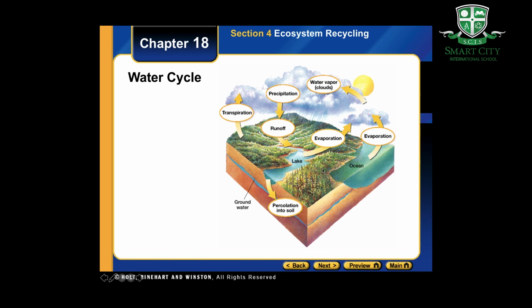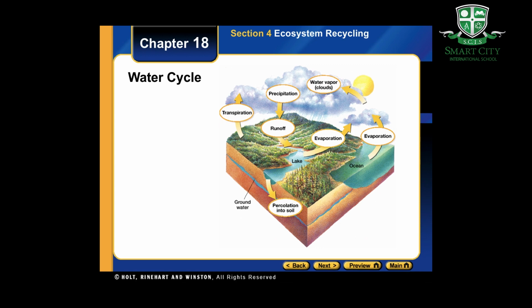The water on the land, you will find it as lakes, rivers, oceans, and something called groundwater, which is the water in the soil or underground. Okay? All those are called water bodies.